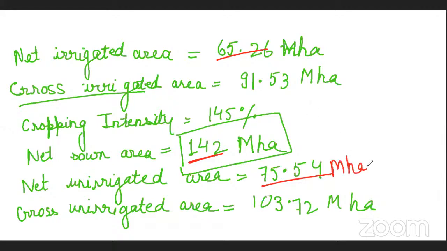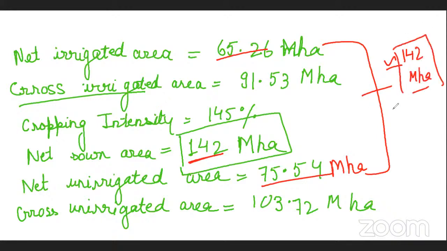If we add these two things, it will be approximately equal to 142 million hectare. It will come around 140 because in some areas the overall calculation is somewhat disturbed, but it will be around 140 million hectare. And the gross irrigated area is given as 91.53.